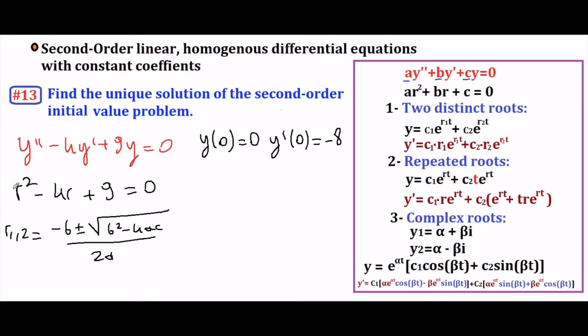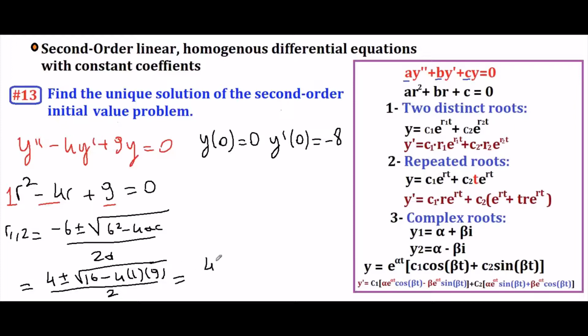From this, our a term is 1, our b term is -4, and our c term is 9. So this turns into the square root of b squared, which is -4 squared, which is 16, minus 4 times a times c, all over 2 times 1.